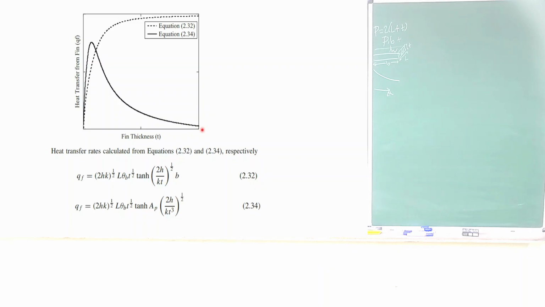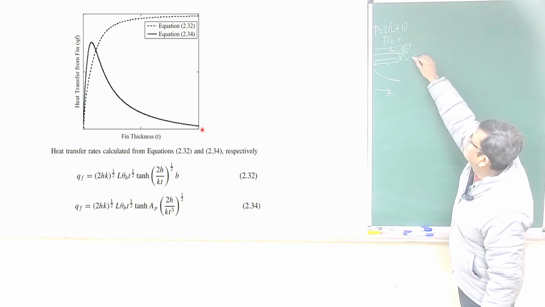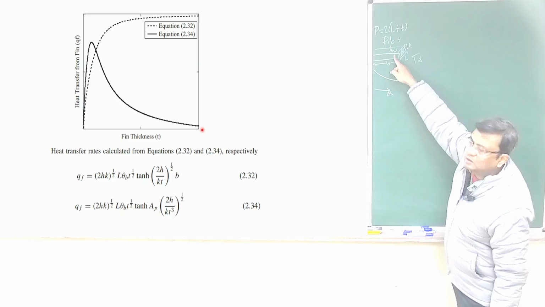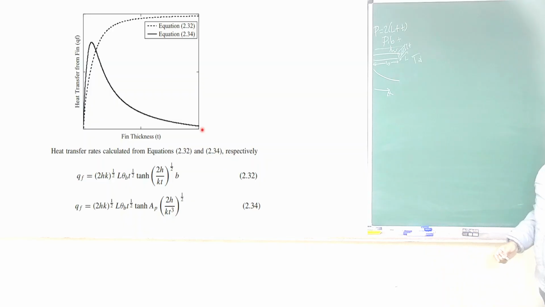So is that all right? The temperature outside is T infinity, that we are not changing. So if you talk about temperature, I'm actually talking about the temperature of the fin, right? Okay, so the first curve, I hope you understand.